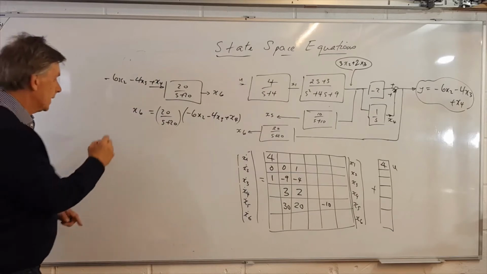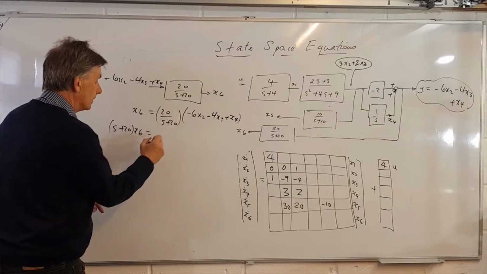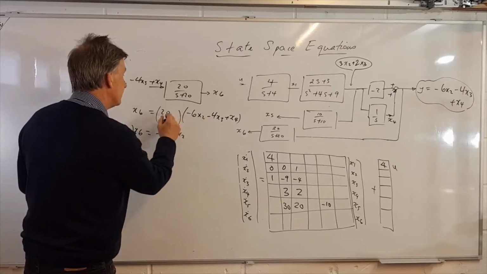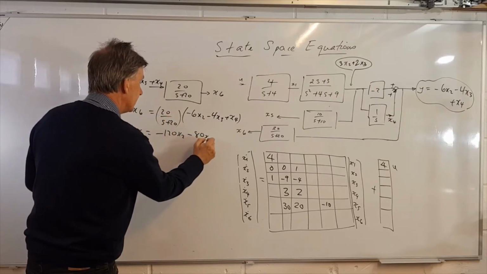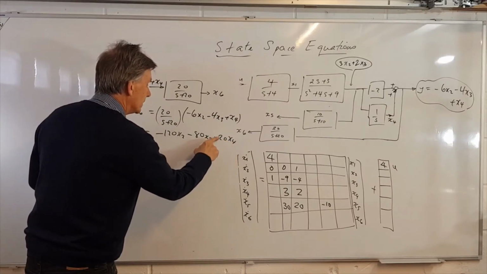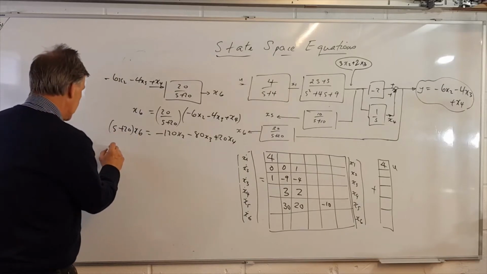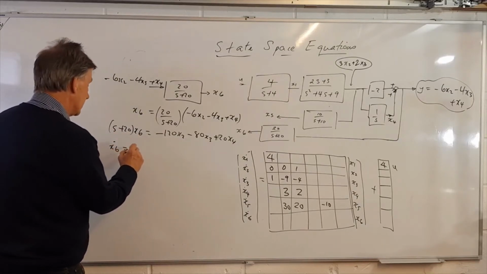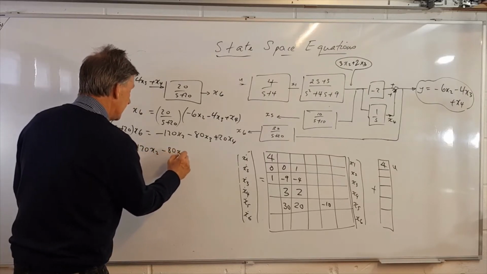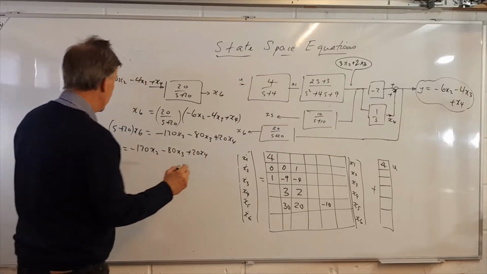Move this up here, so s plus 20 times x6, multiply it out, so it's going to be minus 120x2 minus 80x3 plus 20x4. So again, some quite big numbers in here now, but it doesn't really matter. S times x6 is x6 dot, so x6 dot is minus 120x2 minus 80x3 plus 20x4 minus 20x6.